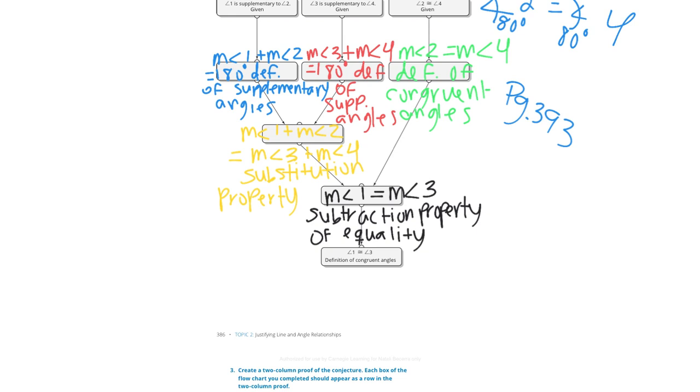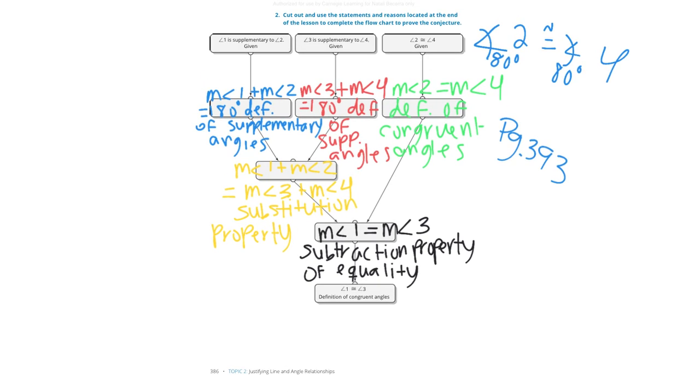From there, we can go ahead and get that the measurement of angle 1 plus the measurement of angle 2 is equal to the measurement of angle 3 plus the measurement of angle 4. And the reason for that is, let me get my pointer again.